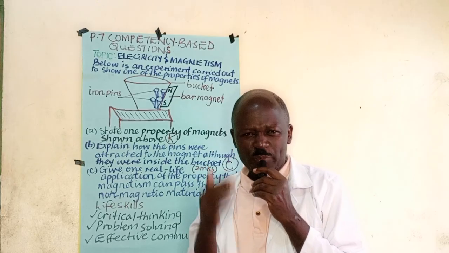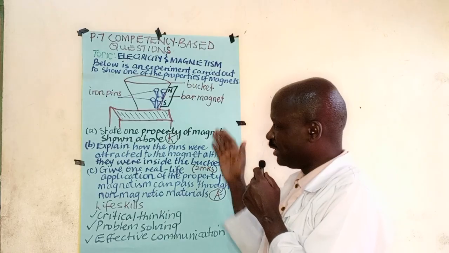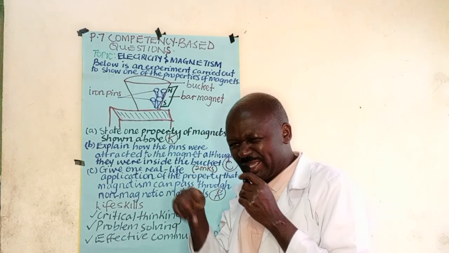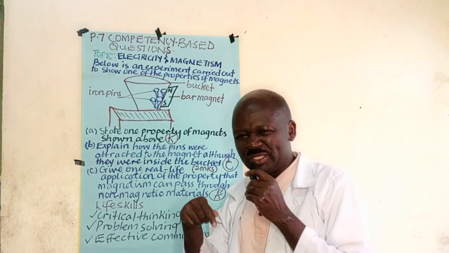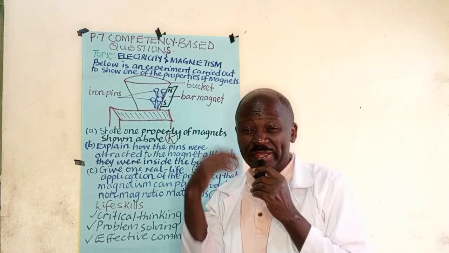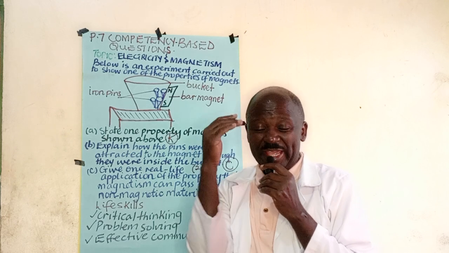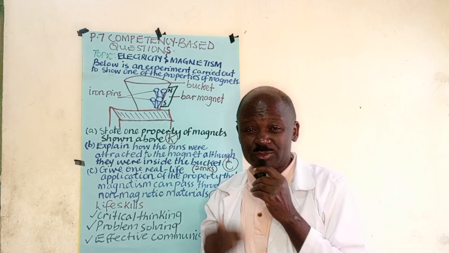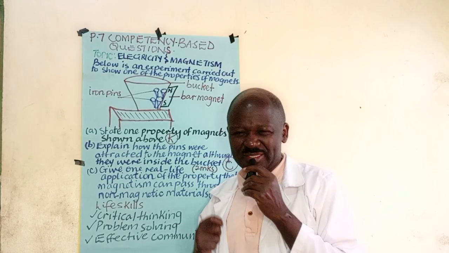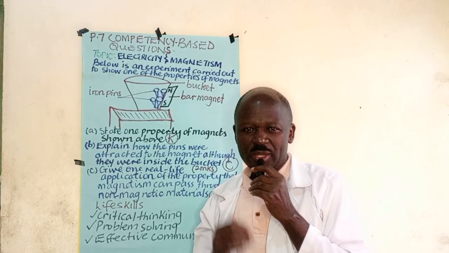Then out of the many properties, which one is that one? Then at the same time, how can this magnet be able to attract the pins which are inside the bucket? So you can see there is a lot of thinking. Learners need to explain their understanding, how this is possible. So it requires a lot of thinking or brain work, as I may say.